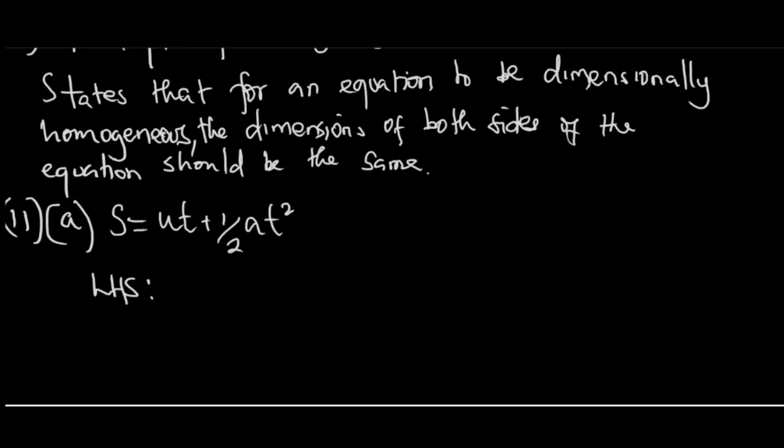So here what we're looking at on the left hand side is displacement, which is length, and length has dimensions of L like this. So the dimensions of our left hand side is L, thus we should get the same as what is on the right, and if this holds, then our equation is dimensionally homogeneous.